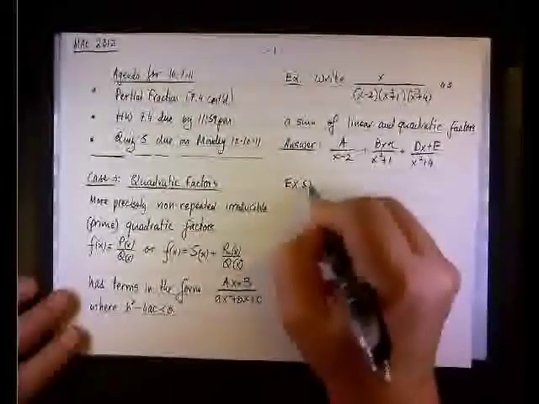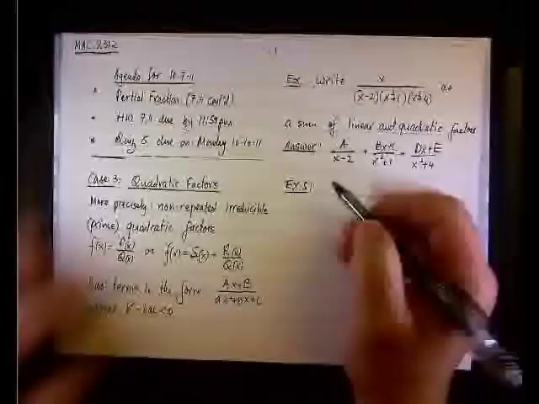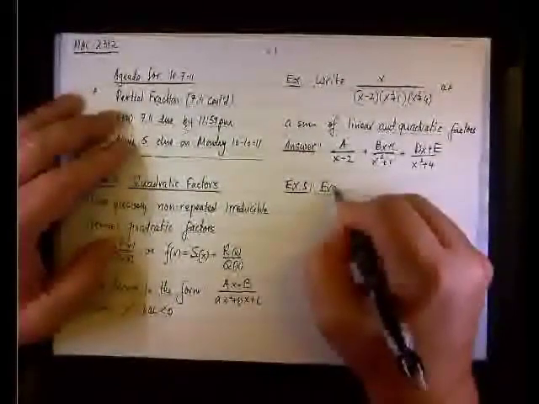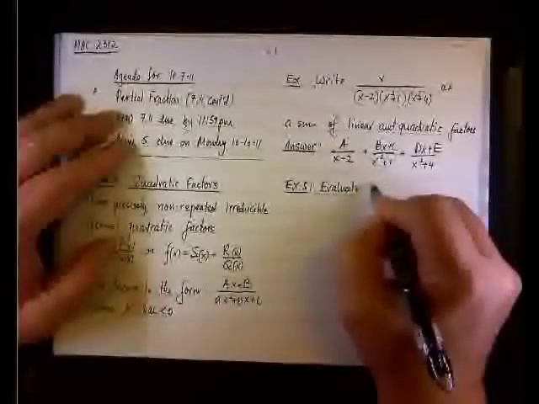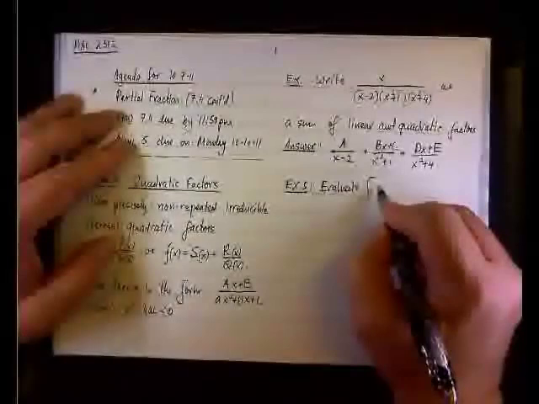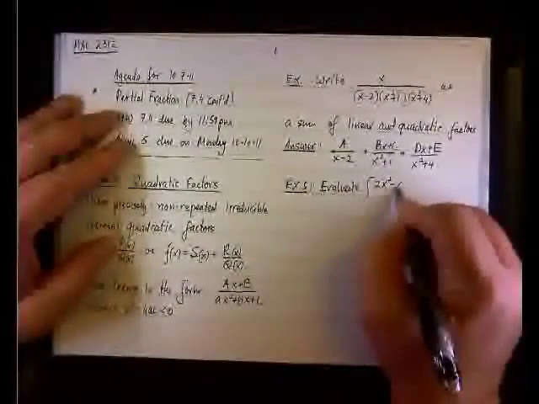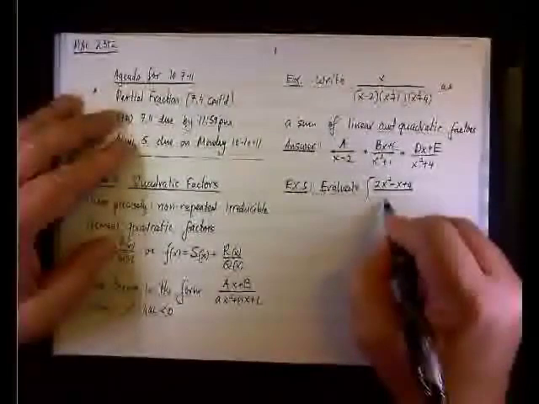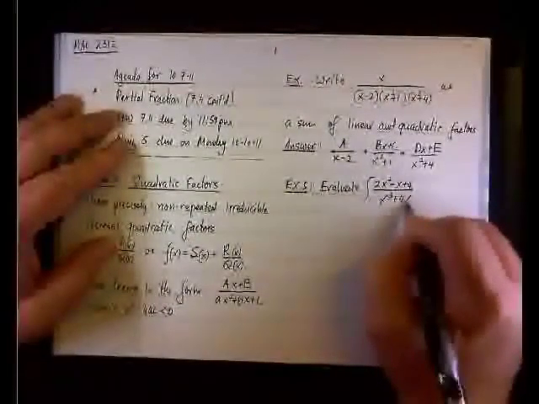The next example would be example 5, where we need to evaluate the following integral. The numerator will be 2x squared minus x plus 4, and the denominator will be x cubed plus 4x.